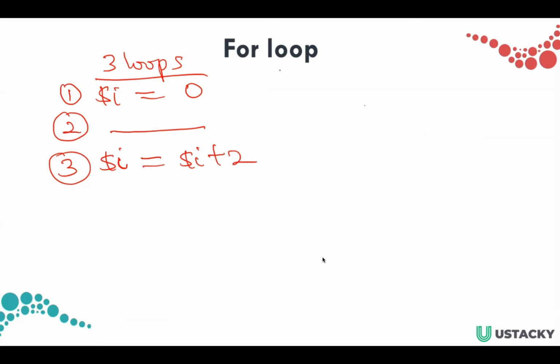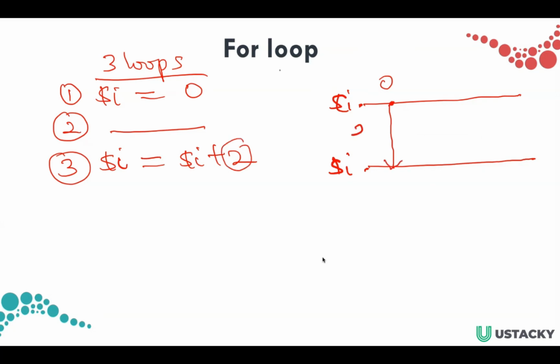So let us draw our graphical representation. So this is start. So you have $I, this is the starting point, and this is the ending point. Our starting point, this is 0. And the increment this time around is 2. So 0, so this will come 2.